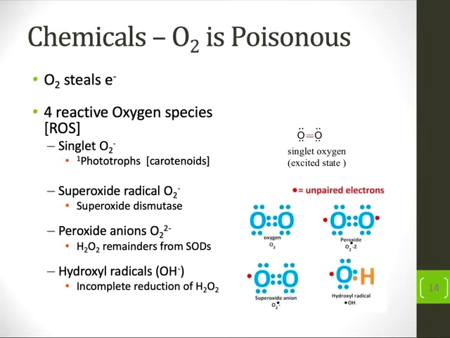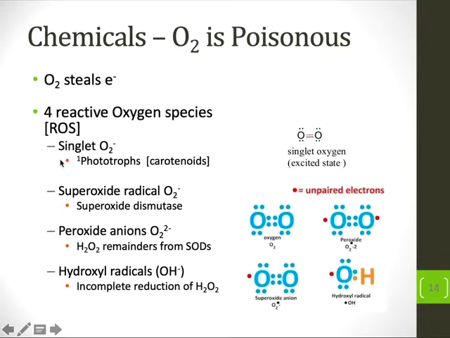Oxygen is a poisonous species that living organisms have to deal with. And in this regard, we're speaking especially of reactive oxygen species. Oxygen that has taken on extra electrons is unstable, and so it destabilizes other molecules that are close by. We'll talk about 4 of these reactive oxygen species.